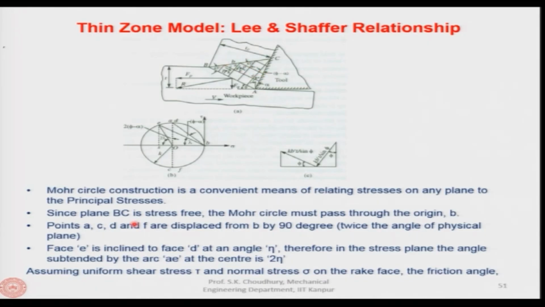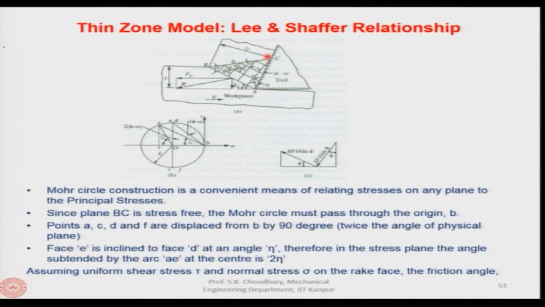These are the planes, the lines either vertical here or normal to that. These are displaced from B by 90 degrees. This will be twice the angle of the physical plane. Here it is 45 degrees. So, A, D, C and F will be displaced from B by a 90 degree angle.